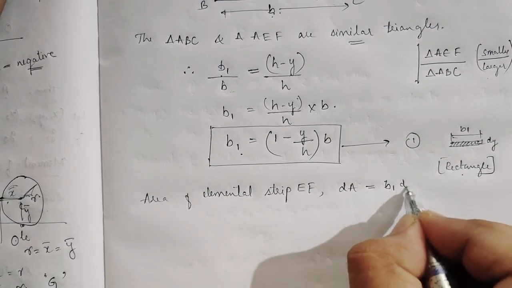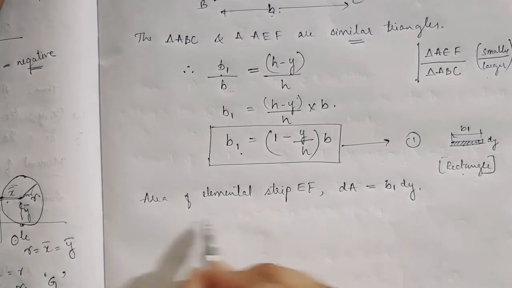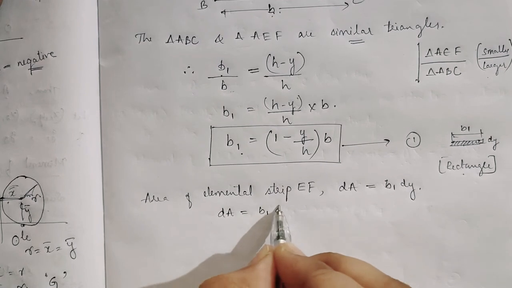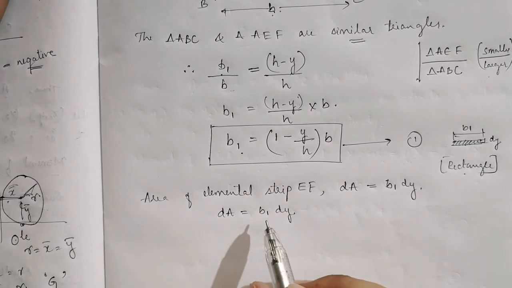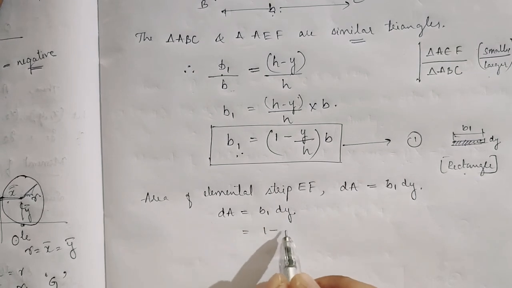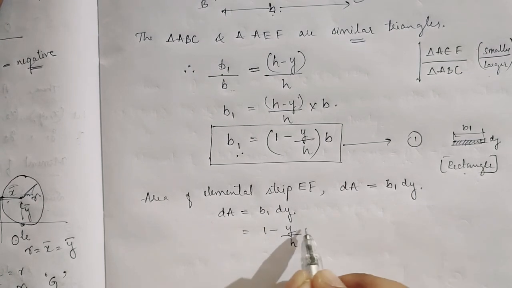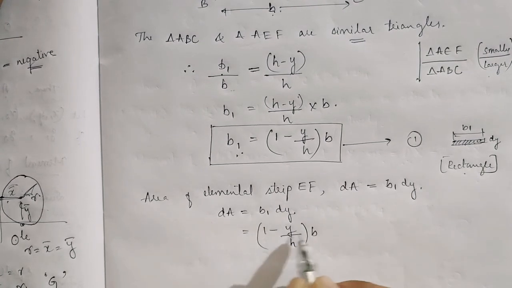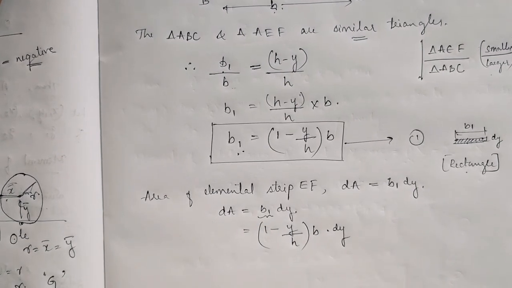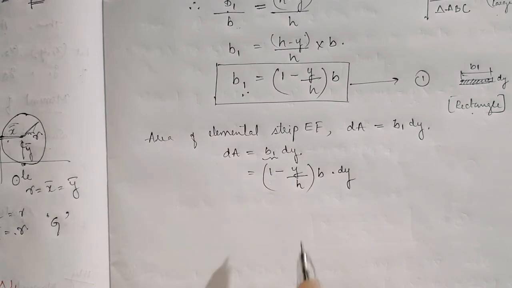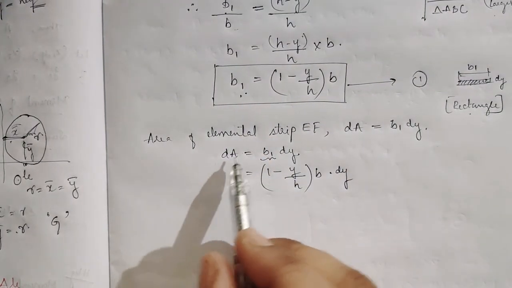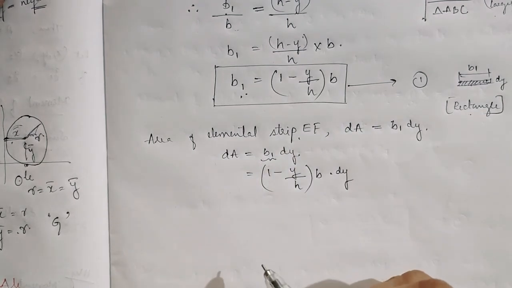I have found the value of b1 already, so I'll apply it. So dA is equal to 1 minus y by h, into b, into dy. I compared the similar triangles and calculated the area of the elemental strip.